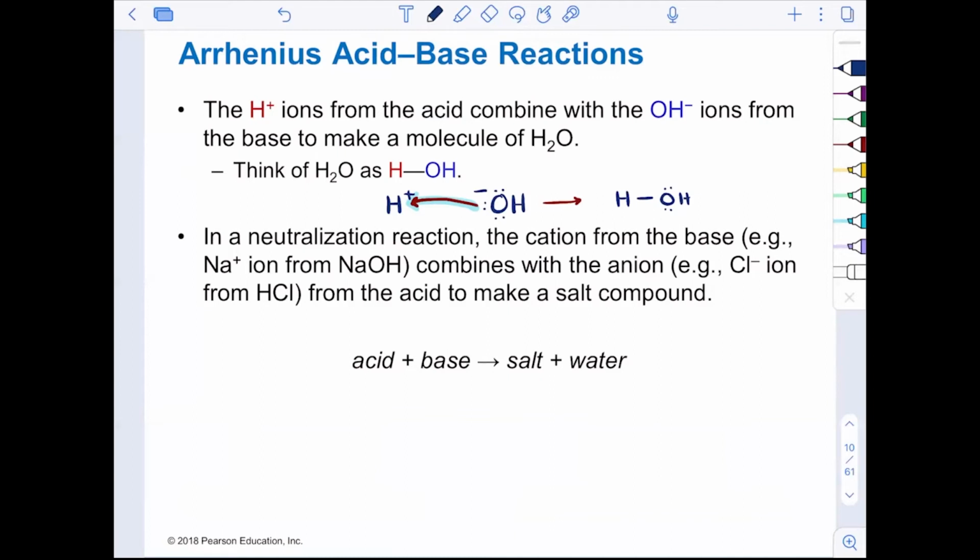Now, we call it a neutralization reaction when an acid and a base come together because the cation from the base, such as the sodium from sodium hydroxide, combines with the anion from the acid, like the Cl- from HCl, and they make a salt. Water and salt, that's pretty overall neutral, right?